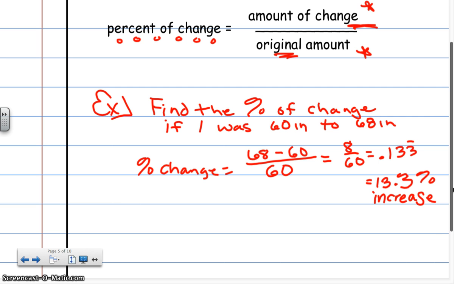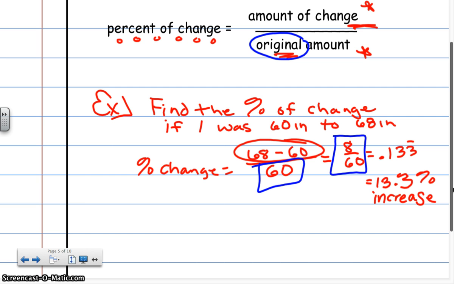This one example encompasses it all. Now, let's think about it here. What I do for percent of change, I find the difference, and then I write the difference. So here's my new fraction. My difference was 8 all over 60. 60 was my original, so original is 60.